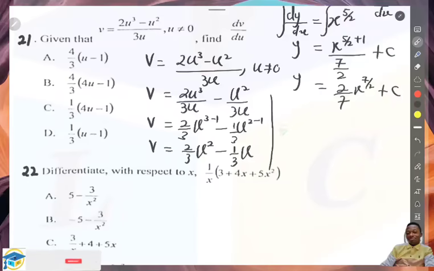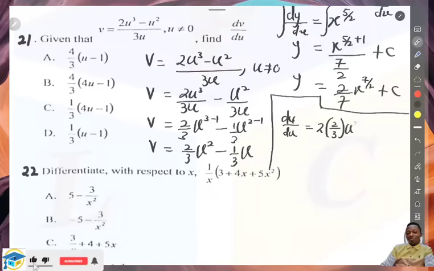So let me create a space for this differentiation. If I have v here, let me differentiate straight away: dv over du should be equal to, here I multiply 2 by the coefficient of u squared, which is 2 over 3, with u to the power 2 minus 1, minus 1 over 3 multiplying the power 1 here, with u to the power 1 minus 1.